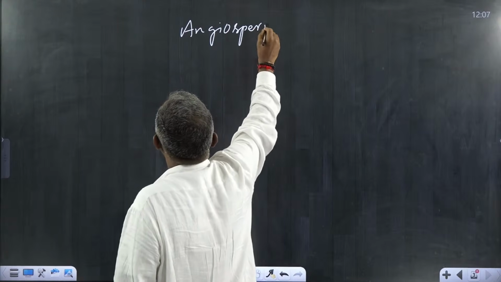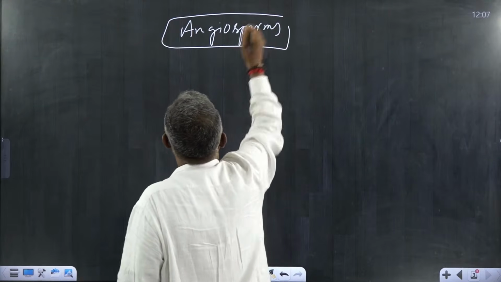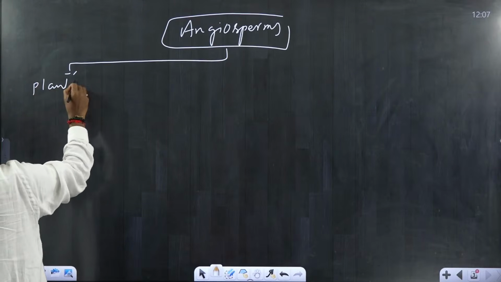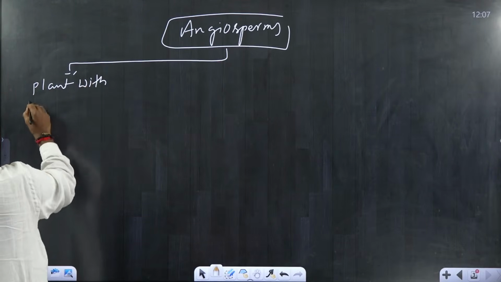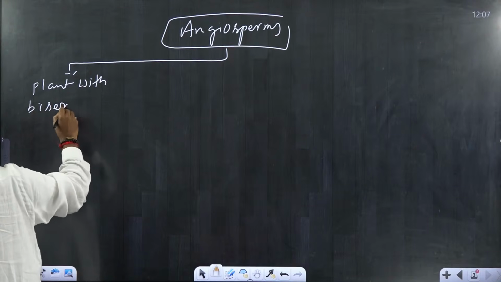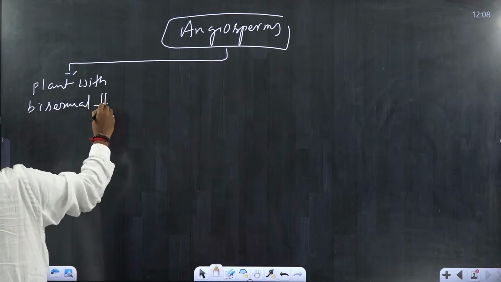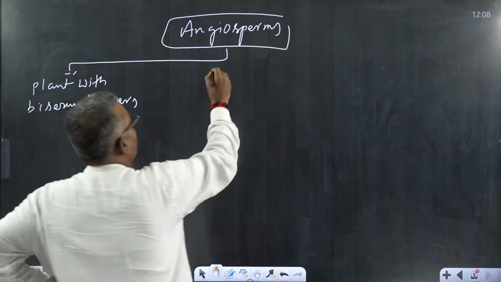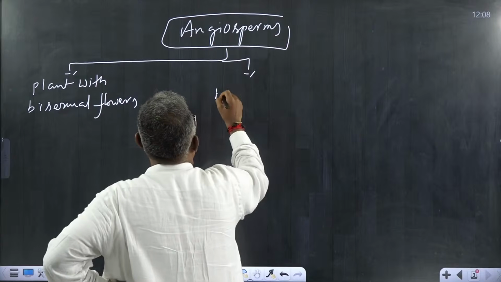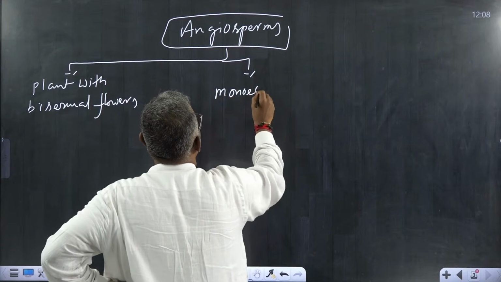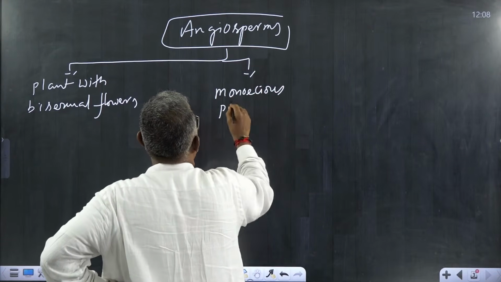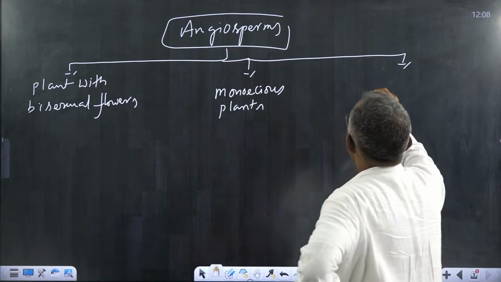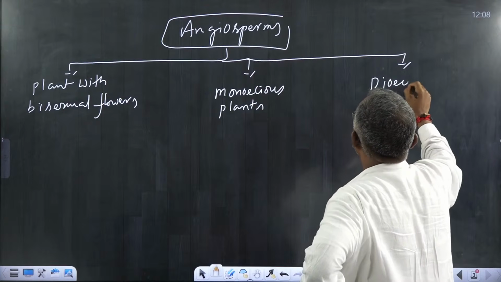In angiosperms, there is a plant with bisexual flowers. There are also monoecious plants. There are also dioecious plants.